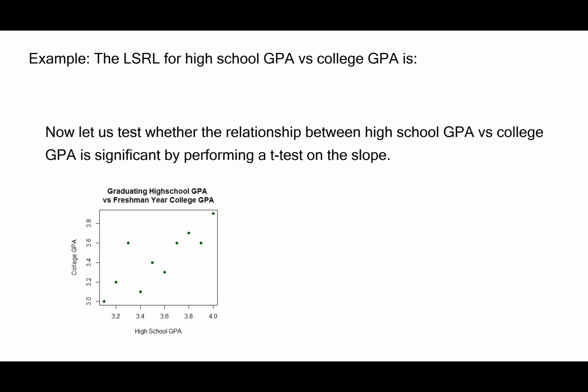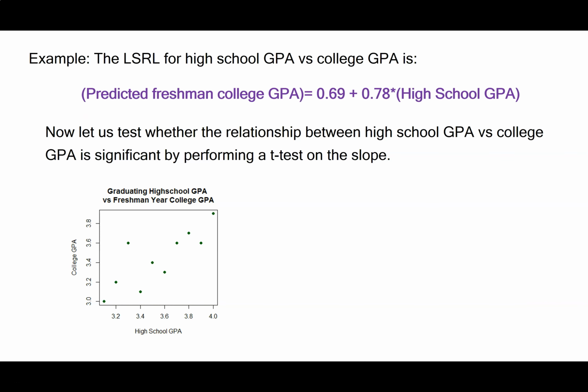So we're going to do this for the GPA example. We really, really are just big fans of this example for some reason. So the least squares regression line for high school GPA versus college GPA, this is just from those previous lessons. So I'm going to even throw in a hat. I feel better having a hat. So predicted freshman or first year college GPA is equal to 0.69 plus 0.78 times your high school GPA.